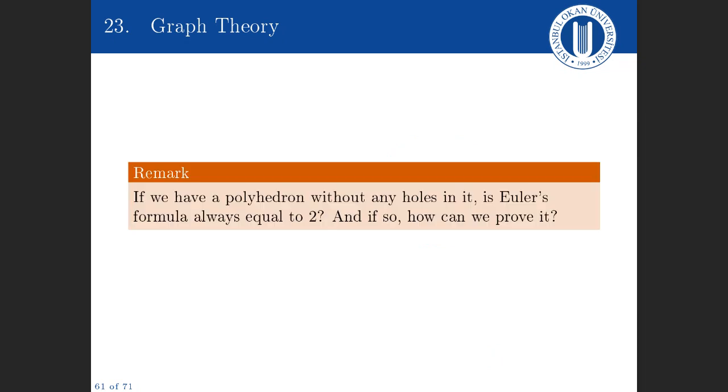If we have a polyhedron without any holes in it, is Euler's formula always going to be equal to 2? Now, when I say a polyhedron without any holes in it, I'm not interested in things like this.